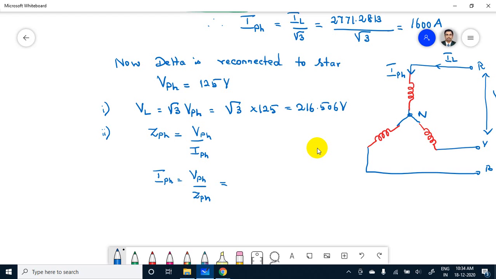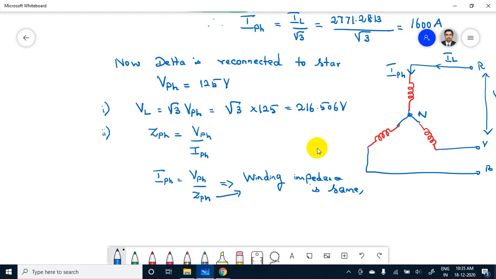From our delta connected, I phase. Why am I writing this formula? When you're transforming the variables from delta to star, this winding impedance will be the same.